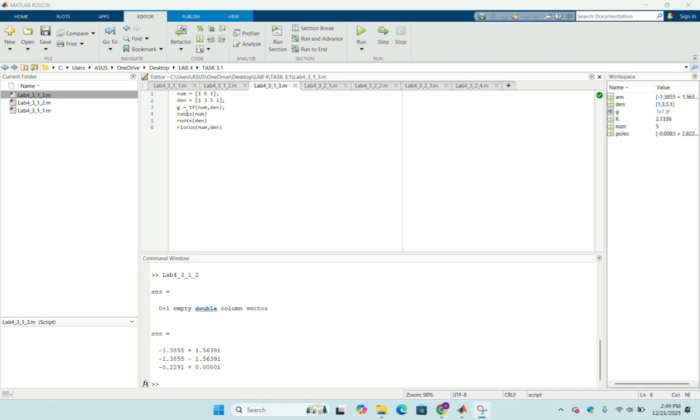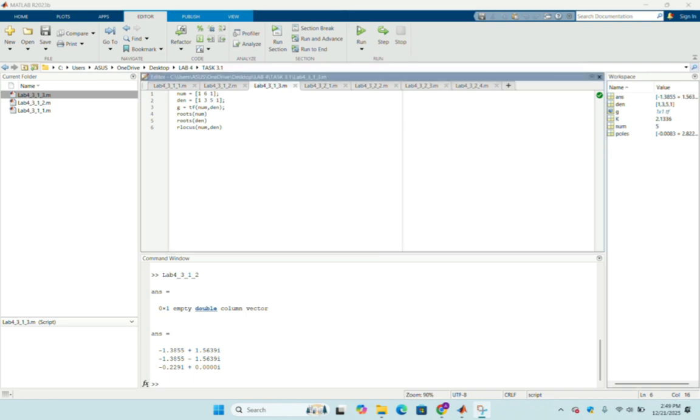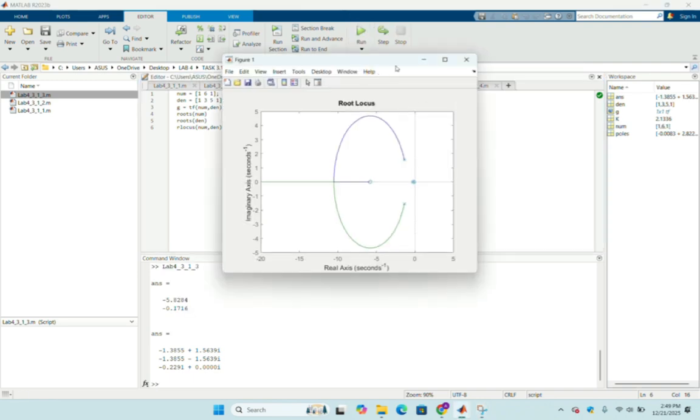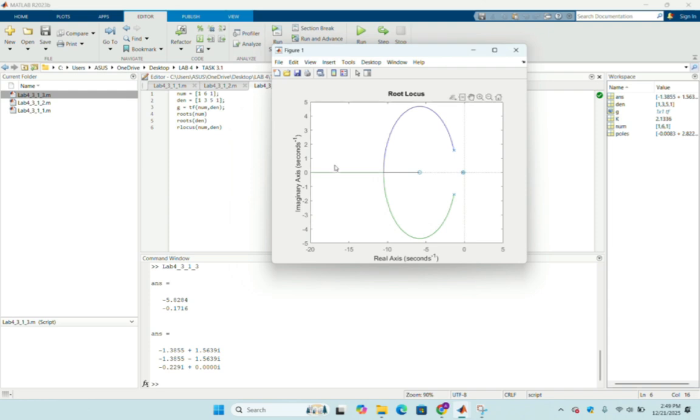G is my system, the transfer function of the numerator and denominator, then roots of the numerator, roots of the denominator, and rlocus. I run my code and this is my graph, which has 3 poles, 1, 2, 3, and 2 zeros, 1 and 2.